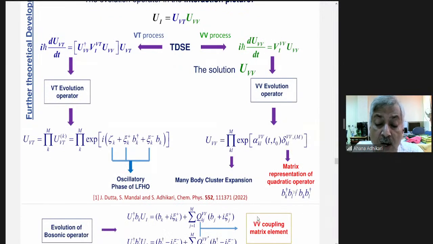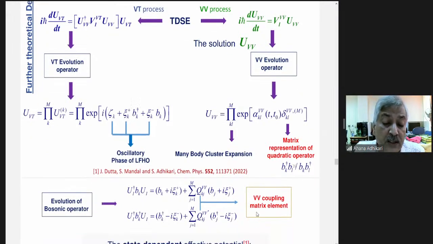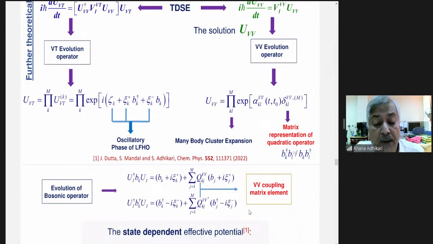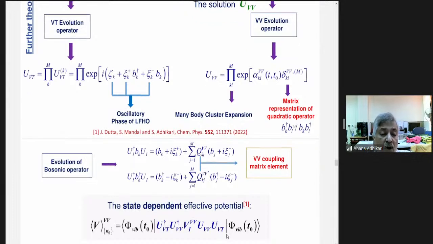And there are techniques, which I will not go through. They are very tedious, but we were able to obtain an analytic form for the first time for the bilinear coupling between the molecule and the surface degrees of freedom.